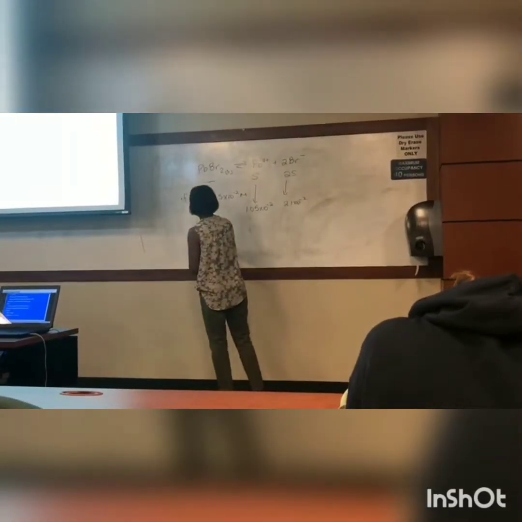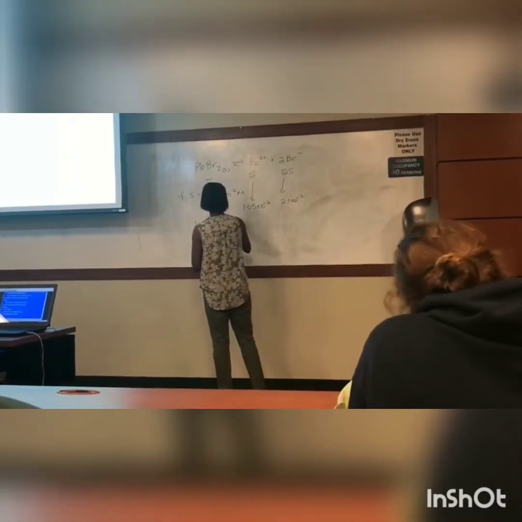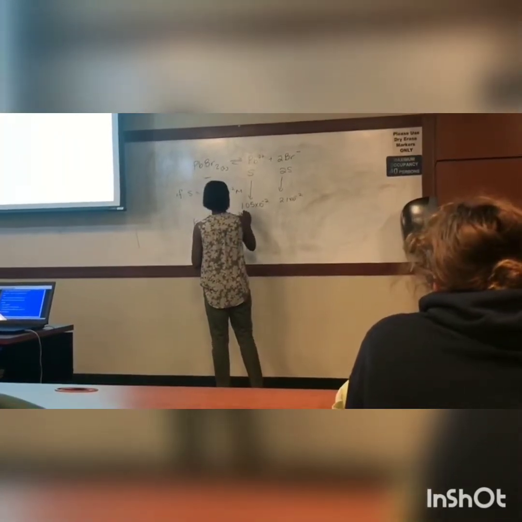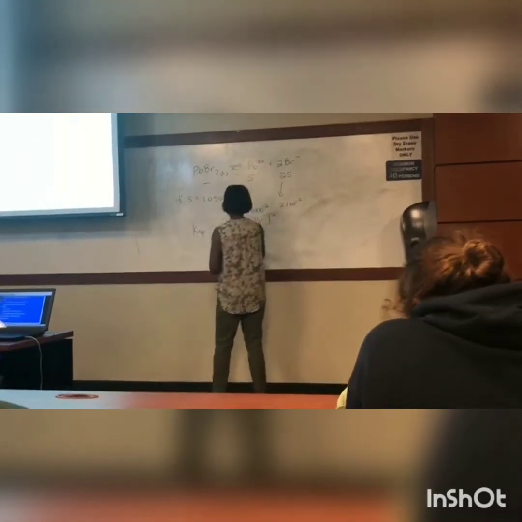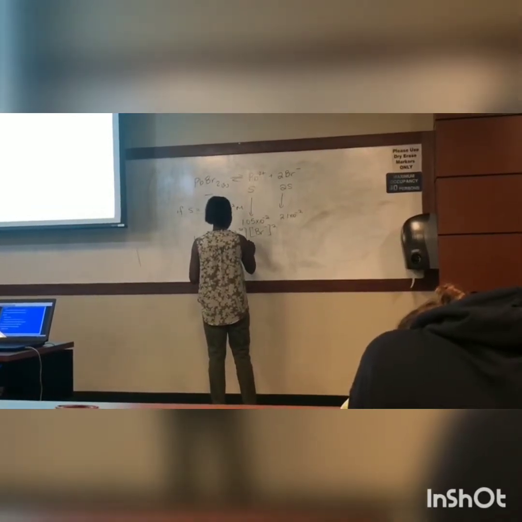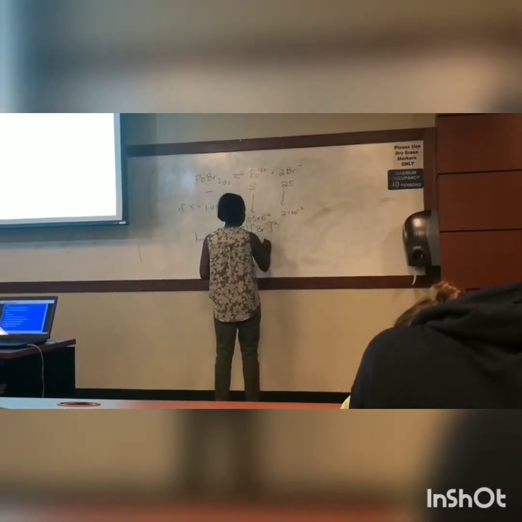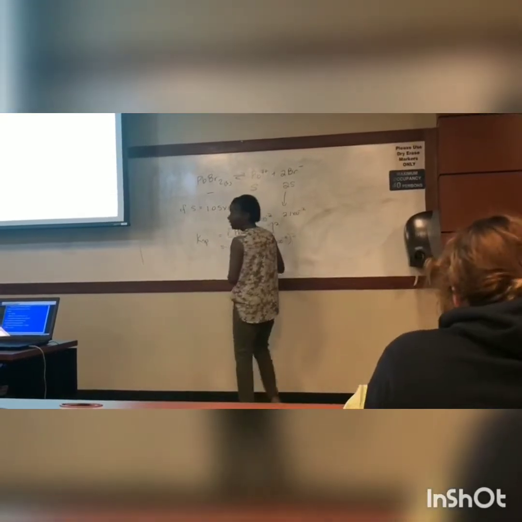K, our equilibrium constant, Ksp, is equal to the concentration of Pb2+ times the concentration of bromide squared. That's equal to 1.05 times 10 to the minus 2 times 2.1 times 10 to the minus 2, squared.